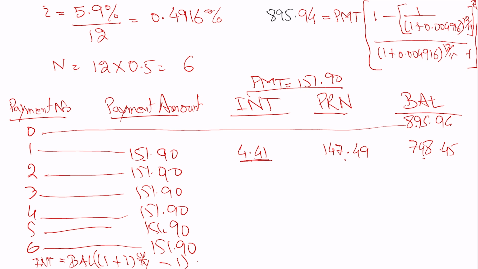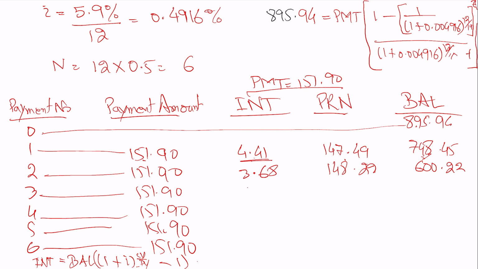So again, in the second payment, we apply the formula with this balance, and we get 3.68, and 151.90 minus 3.68 is going to be 148.22, and 748.45 minus 148.22, so we get 600.22.